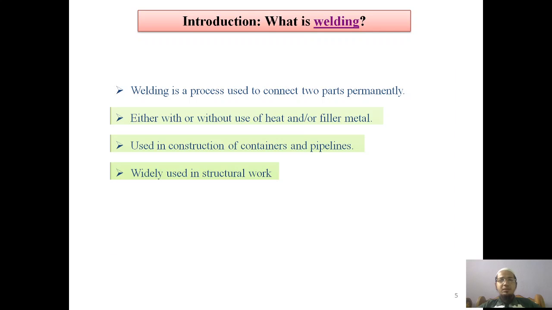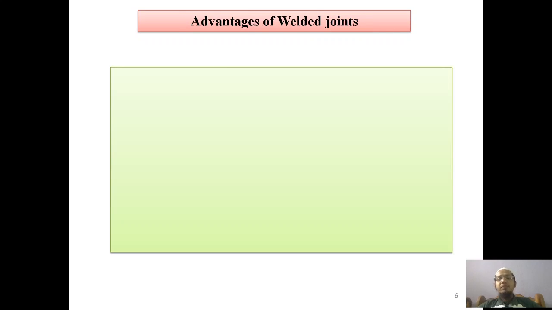Let's have discussion about the advantages of welded joints. Can you answer? What are the advantages of welded joints? Okay, let's discuss. These joints are generally lighter in weight. A structure made by welded joints is lighter as compared to bolted or riveted connections. Now, why is it so?